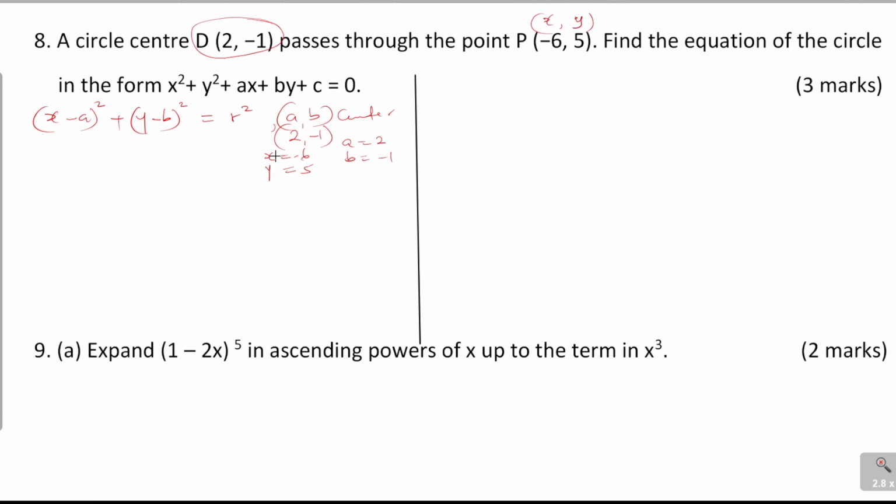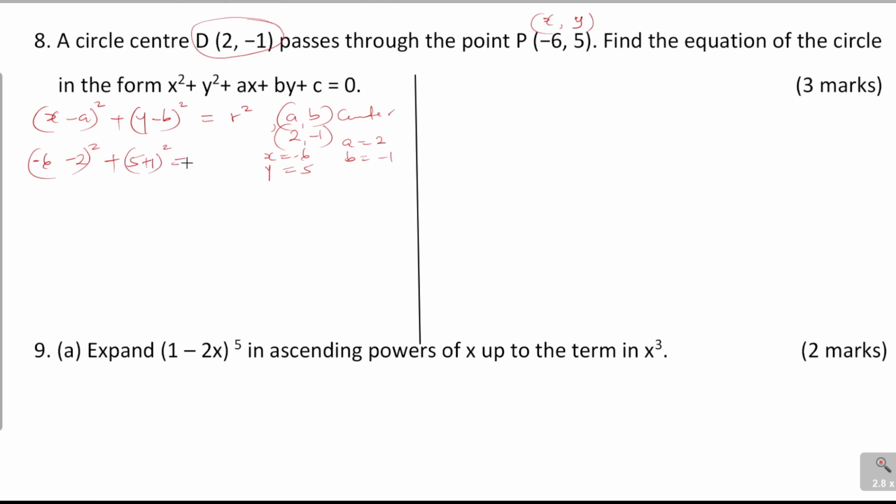So x, which is -6, subtract a, which is 2, you square, plus y, which is 5, then subtract b. b is -1, so when you subtract -1, you'll get +1 there.